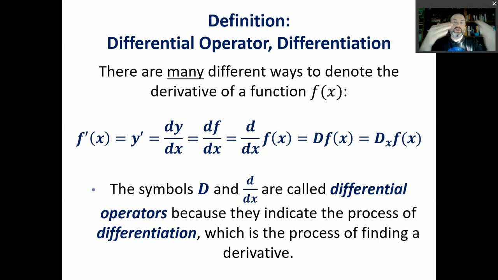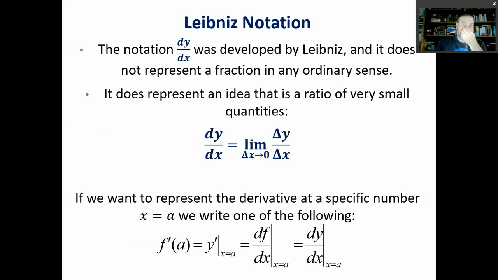Your function turned from blah, blah, blah into something else. So you have to understand that these things are called operators, which means you are saying, and now I take the derivative, and now I do the derivative thing. Okay, so watch out for that.